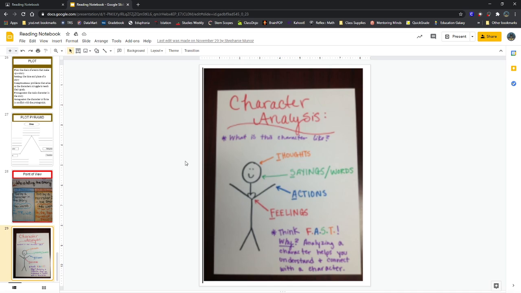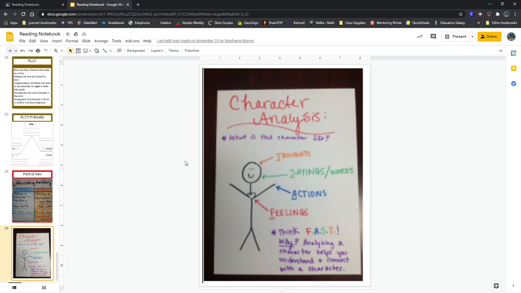Wearing red sneakers is not a character trait. Character traits tell you about a character, but not what the character looks like. Character traits tell you what kind of person that character is.